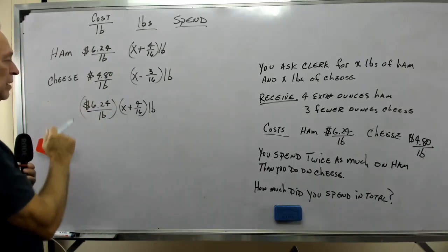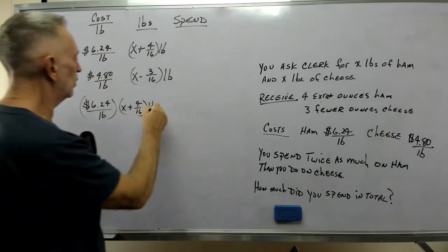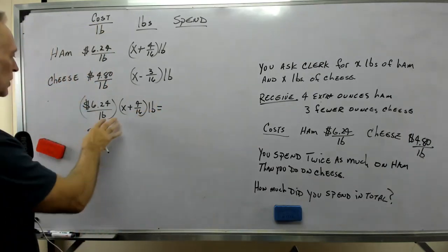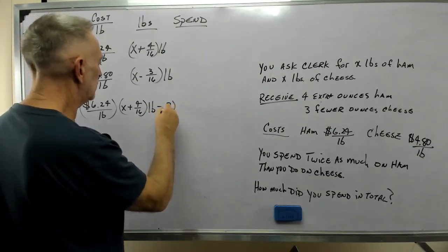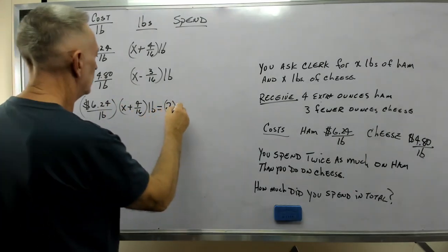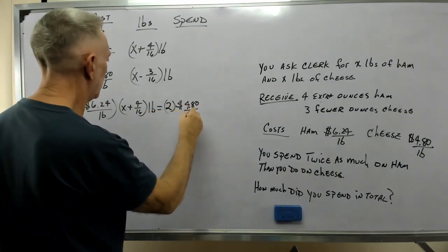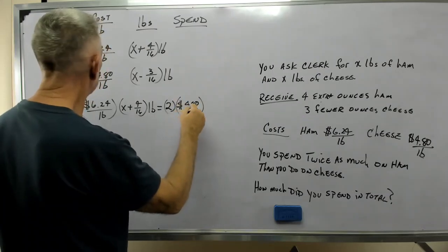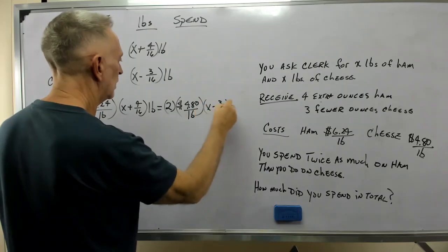It's going to leave me with just money, how much I spent, and that's what we're looking for. Now that equals what I spent on the ham was twice as much as what I spent on the cheese. So for the cheese, $4.80 per pound times X minus 3/16 pounds.